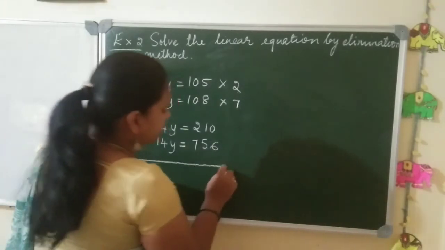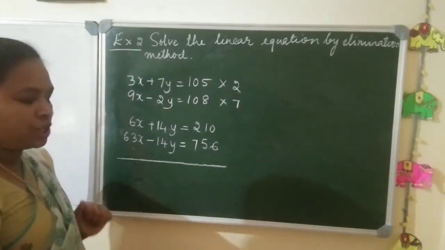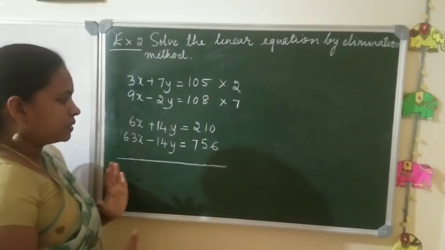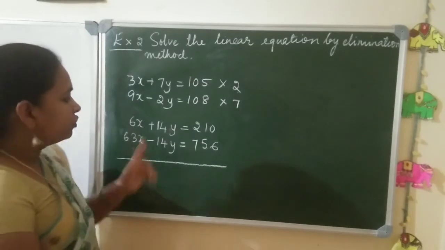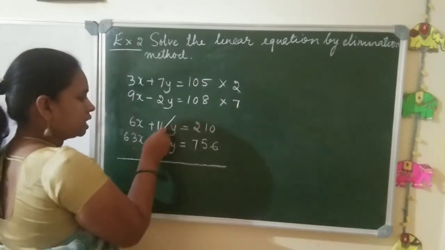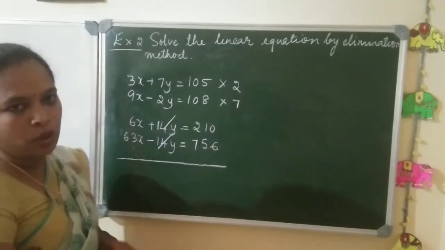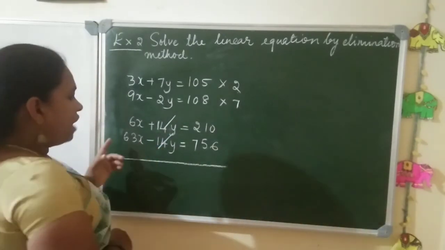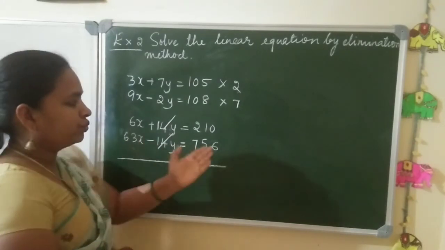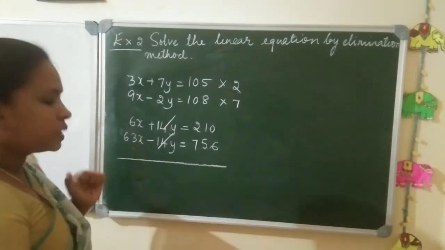What you have to do next is elimination. We are going to eliminate one of the variables. Now you can observe that you have plus 14y and here minus 14y, which you can easily cancel because they are with opposite signs. And after this, no need to subtract them because we are not going to do any subtraction of the expressions here.